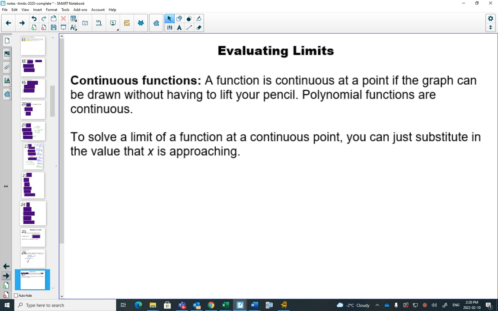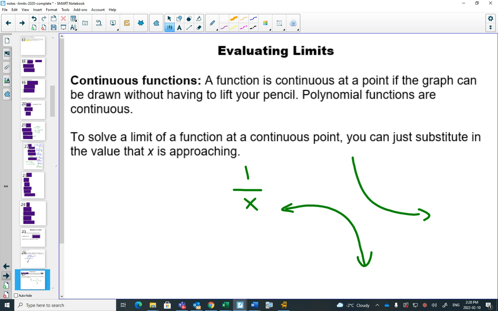So a continuous function, as I said, this is the not real mathematical heavy definition. A continuous function is a graph or a function that you can draw without lifting your pencil. You can hear from the definition why that's not a very technical mathematical definition. But if you were drawing something like a 1 over x graph, a 1 over x graph looks like this with asymptotes.